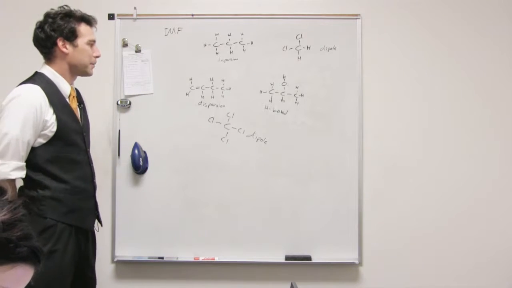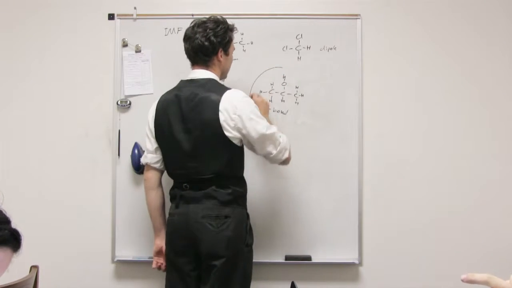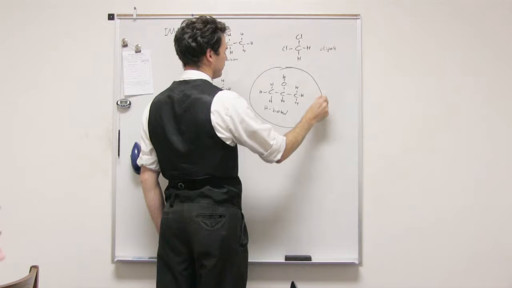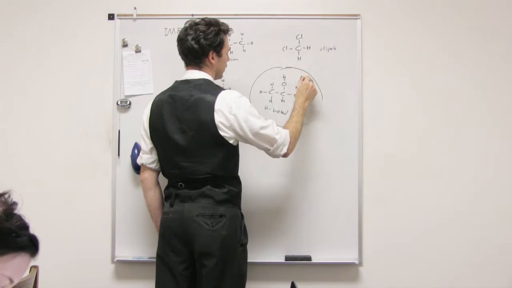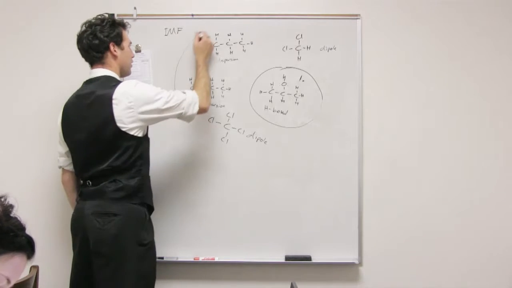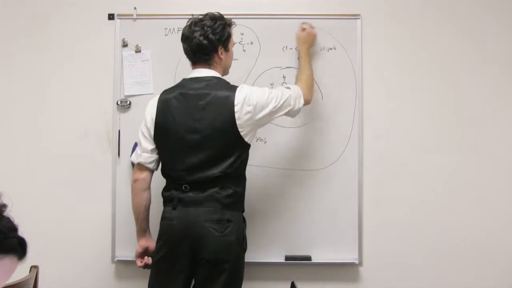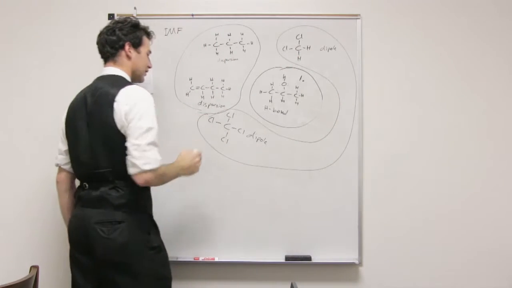Okay, so right off the bat, which one has the strongest intermolecular force? H bond. This guy. So this is going to be our number one, highest boiling point. Then we know that these two go together, and these two go together.